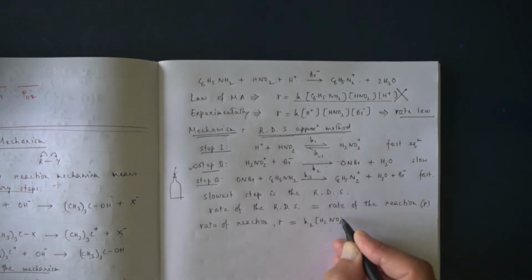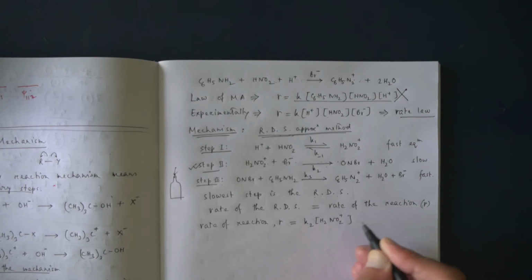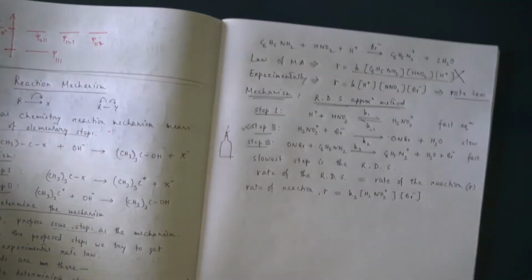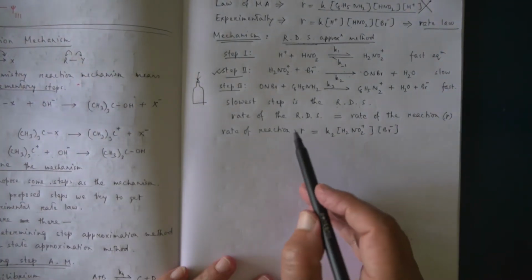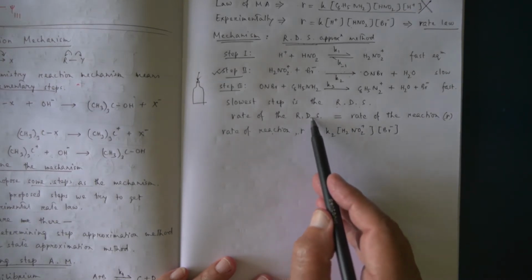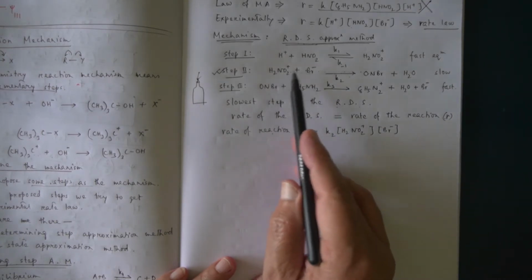[H2NO2 plus][Br minus]. Now you see, the rate of the reaction should be equal to the rate of the rate determining step. What is the rate of the rate determining step?